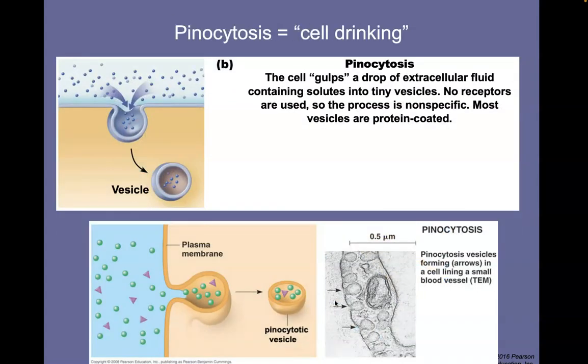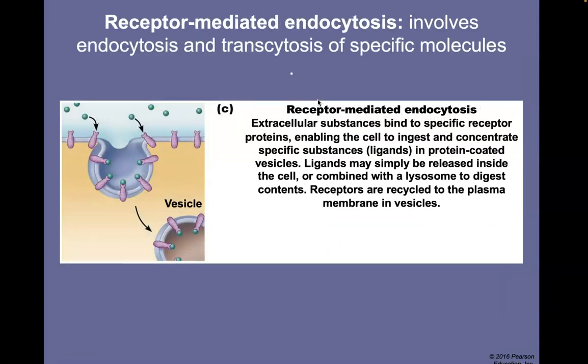So again, just a couple of things. Pinocytosis, cell drinking, is where it brings in extracellular fluid and small solutes, okay? So keep that in mind. And then receptor-mediated endocytosis. I know, it's a mouthful, right? It sounds more complicated than it is.